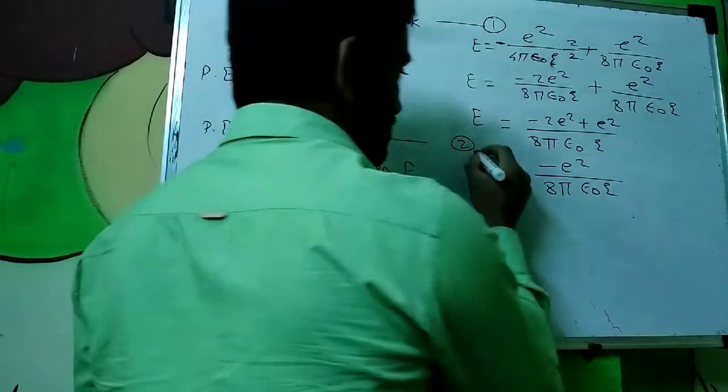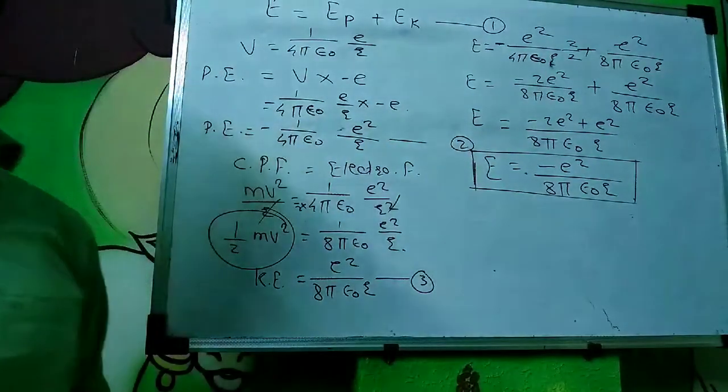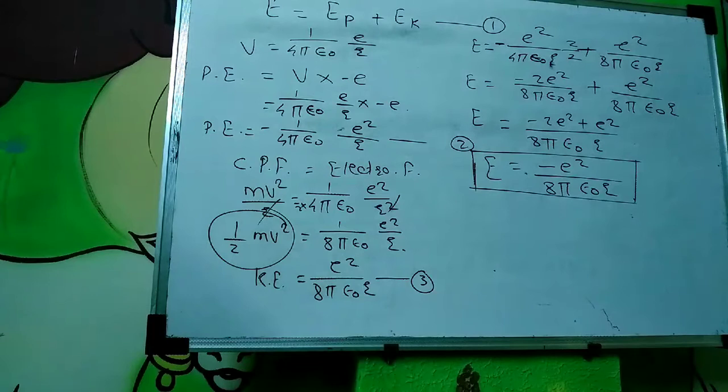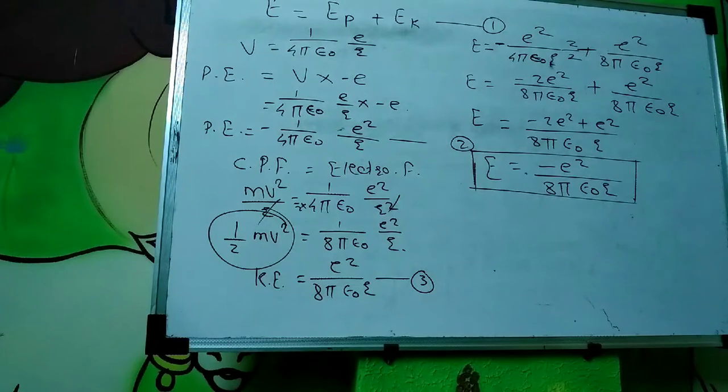This is the equation for the total energy of the particle. Now in this equation we can put the value of r which we had in the last expression. What is the value of r actually?